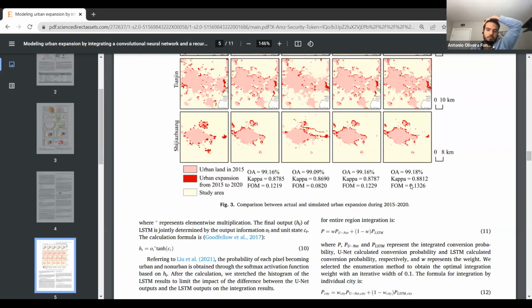I think the important part is that we understand essentially what the problem is that this paper is trying to address. I think you already explained this pretty well: they try to predict the expansion of the urban area throughout the years. The way they split this data is by training the model with data from the 90s to 2010 or 2015, something like that. 2020.